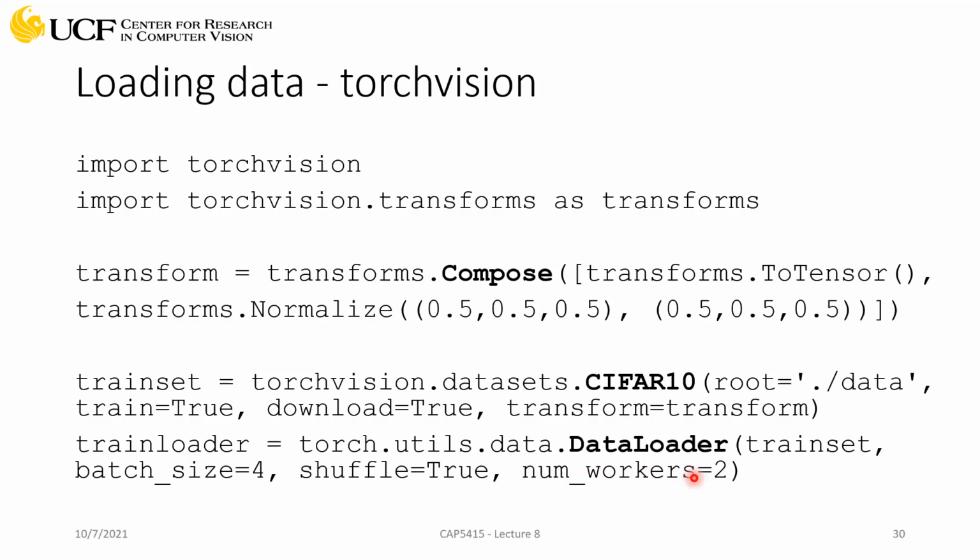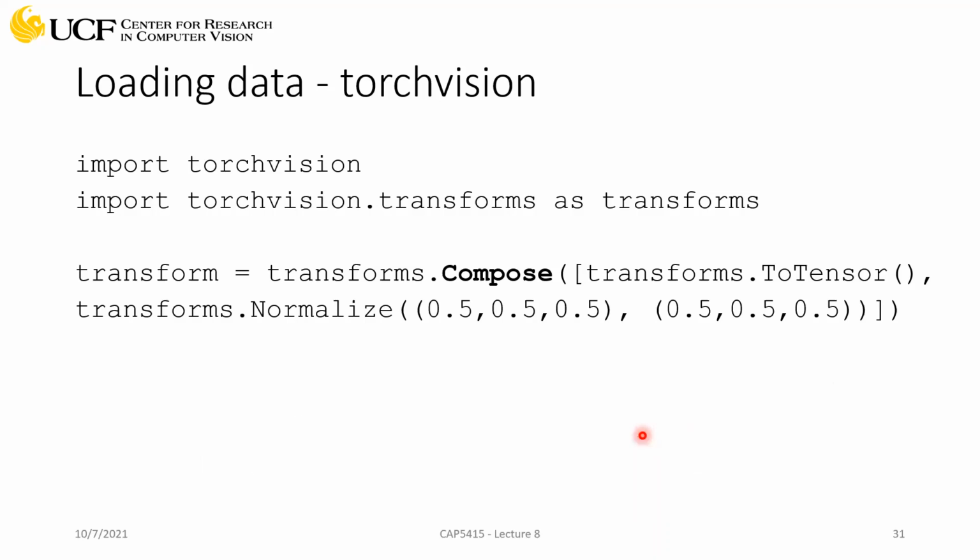So if it's 2, it means there are 2 parallel processes which are loading data from disk. As soon as the GPU process is done, it will take the data which was loaded in parallel and keep fetching that. All right, so there is that connection between those 2. The first is data loader, the second is actual network training.